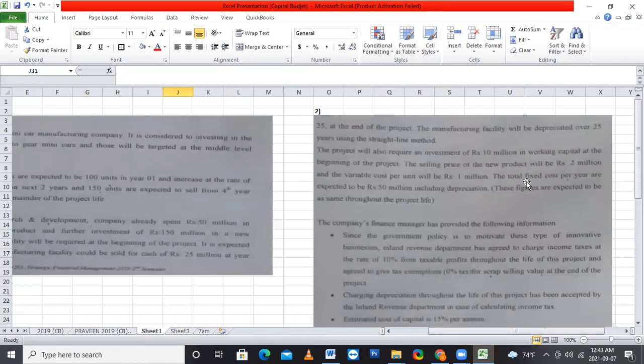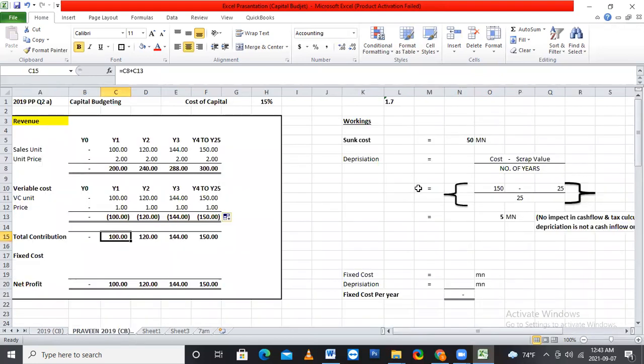Next point, the total fixed cost per year is expected to be 50 million, including depreciation. They said the fixed cost is 50 million per year and it includes depreciation. So we want to deduct the depreciation from the fixed cost. We already calculated the depreciation as 5 million.